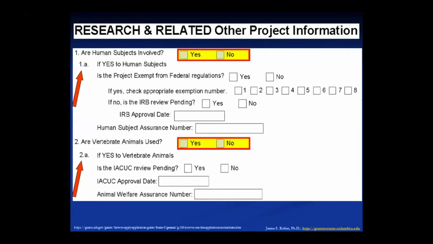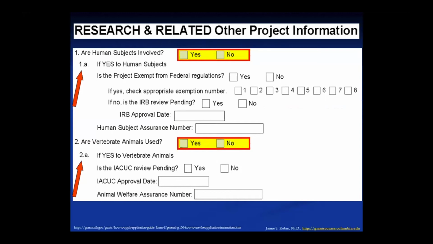Other project information: human subjects involved, yes or no, animals involved, yes or no. Let me just say that with regard to research with human subjects, many times people get in trouble here. They're working with a tissue of human origin, for example. They don't think it's research with human subjects.